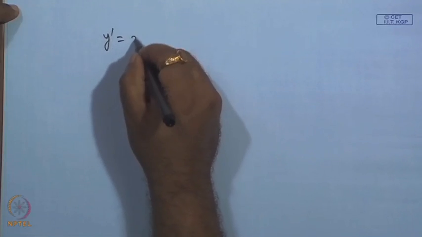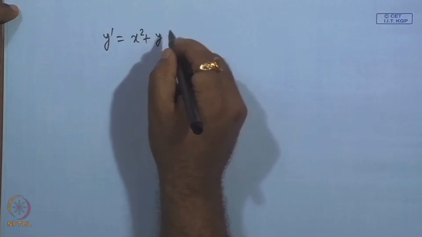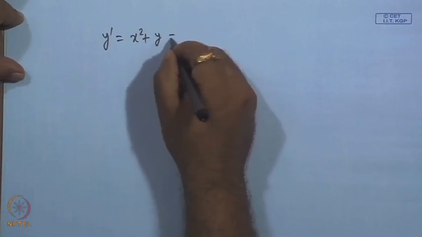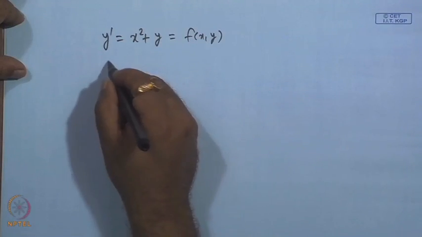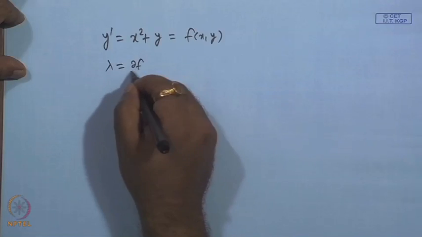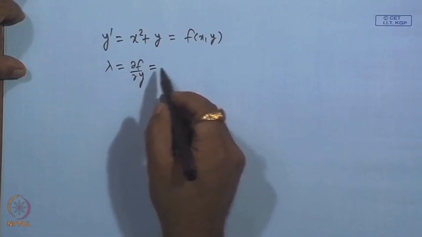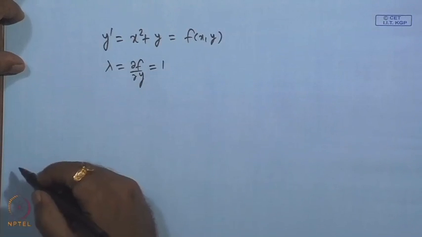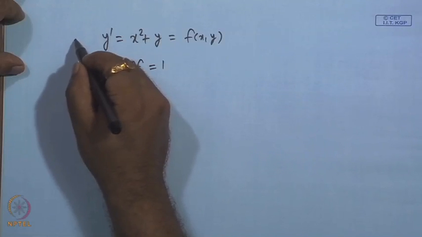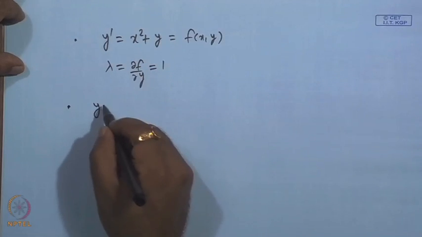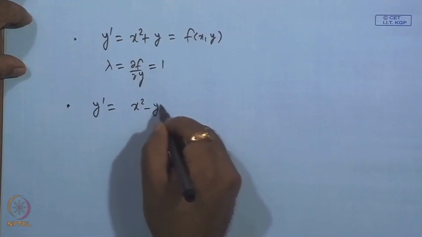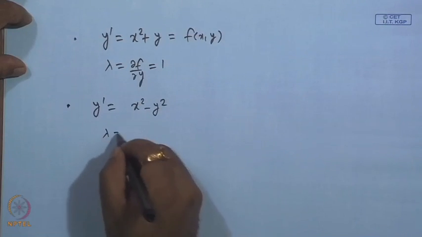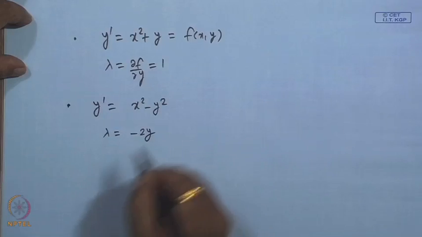So, for example, if y dashed is say x square plus y, so this is our f of x y, okay. Then our lambda is dou f by dou y. So, in this case it is just 1, okay. Suppose y dashed is x square minus y square. Then lambda is minus 2 y.